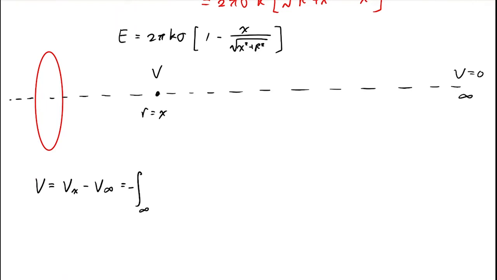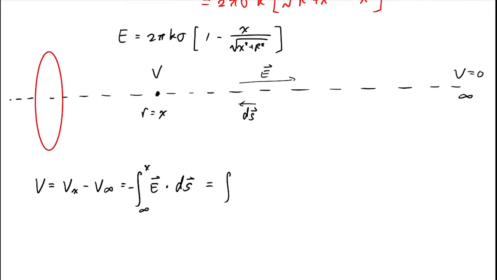Okay, so this, of course, is negative, from infinity to x, of E dot ds. Here we go again. This is why I wanted to make sure that you understand this E dot ds. How many negative signs are here? There are 3 of them. Let's run through this again one more time. The dot product, right? The field goes out this direction, and then ds moves in this direction, so the dot product is -1.